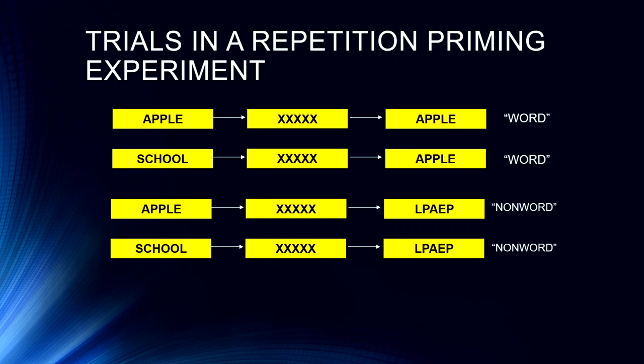And then we might have school, then Apple. And then we would have trials where there would be a non-word. What we find is participants, when the word is repeated, are much faster and more accurate at identifying the word, even though they report not being consciously aware of the fact that the item had been presented.